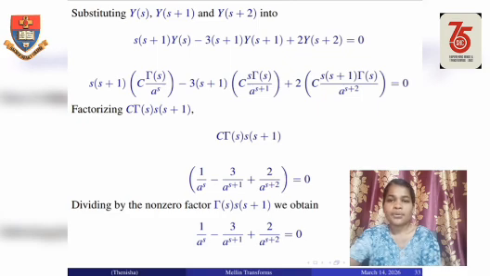Factorizing c Γ(s) s(s+1), we get 1/a^s - 3/a^(s+1) + 2/a^(s+2) = 0. Dividing by the non-zero factor c Γ(s) s(s+1), we obtain the same expression.